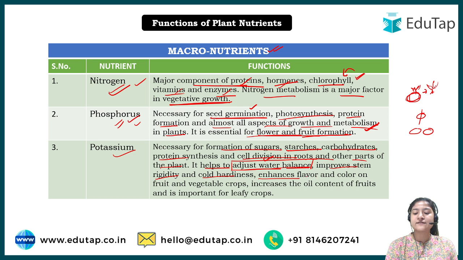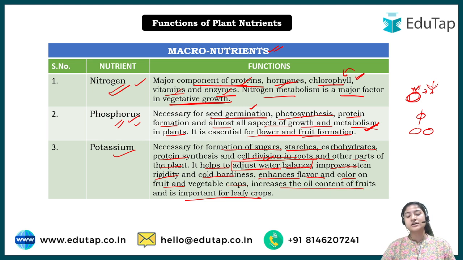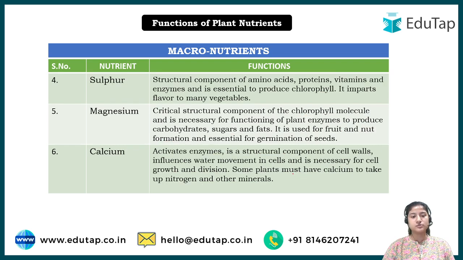Then it enhances flavor and color in fruits and vegetables. Increases oil content of fruit, and it is important for leafy crops. So you can see it has a major role to play. There are so many things that it does, not only with flavor and color, but it also increases the oil content, and it is very important for leafy crops.